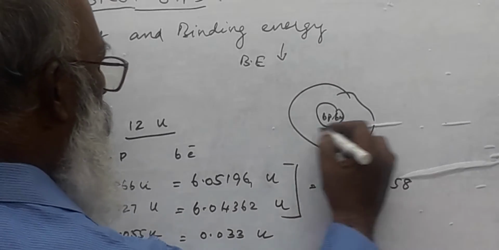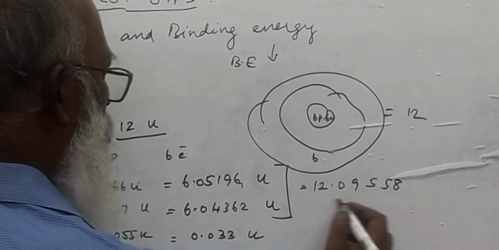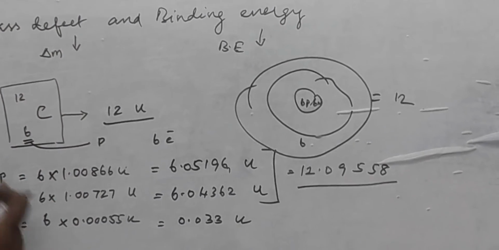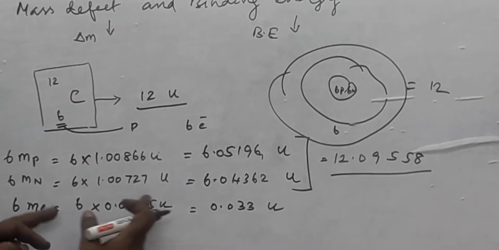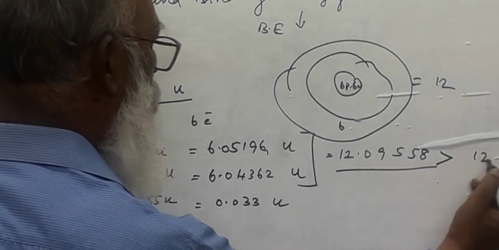Here the actual total mass is equal to 12. If you add the mass of the protons and the mass of the neutrons, it is greater than this actual value of 12.